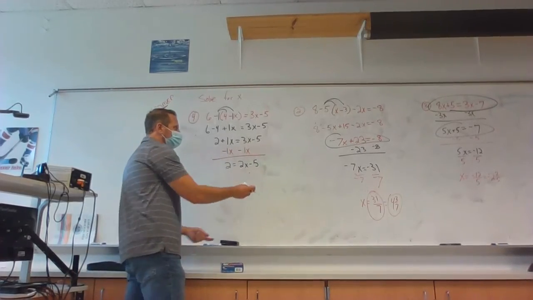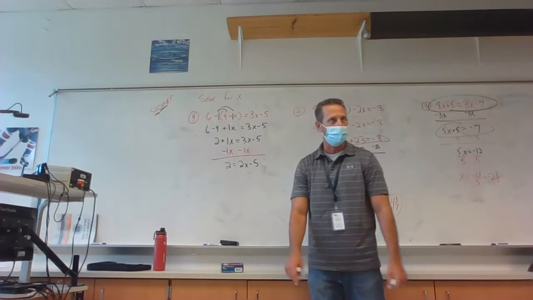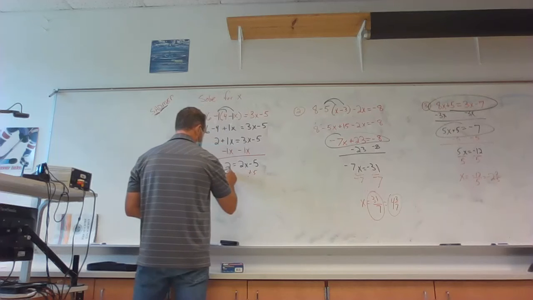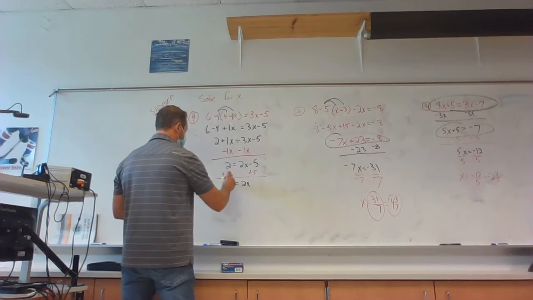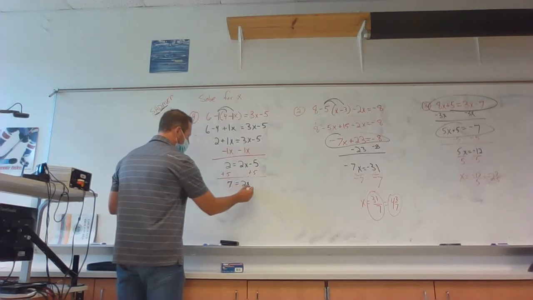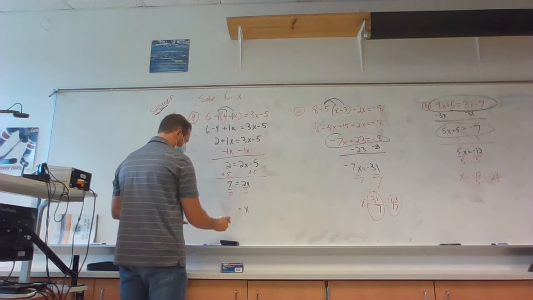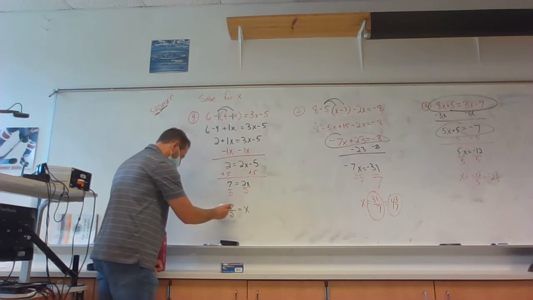Now it's a problem just like this. Add or subtract something to the other side, then divide. So we're going to add 5 to both sides. 2x equals 7. Divide both sides by 2. x equals 7 halves.